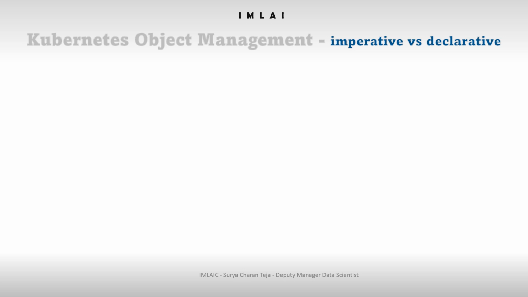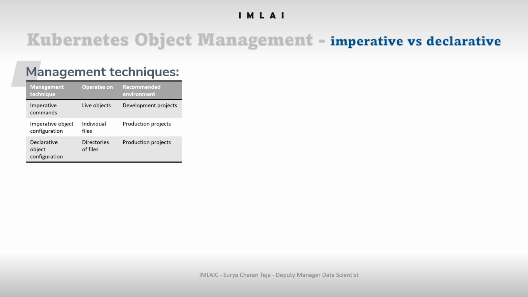So this slide provides an overview of the different approaches. Management techniques: imperative commands operate on live objects, and the recommended environment is just development projects and practicing. For practicing, it would be helpful.